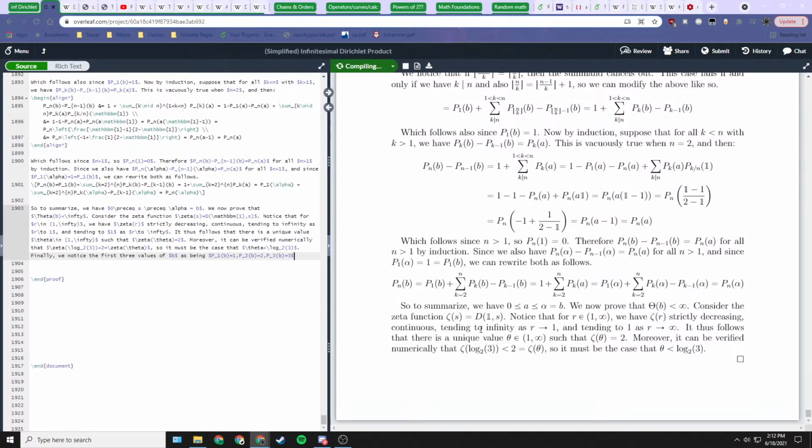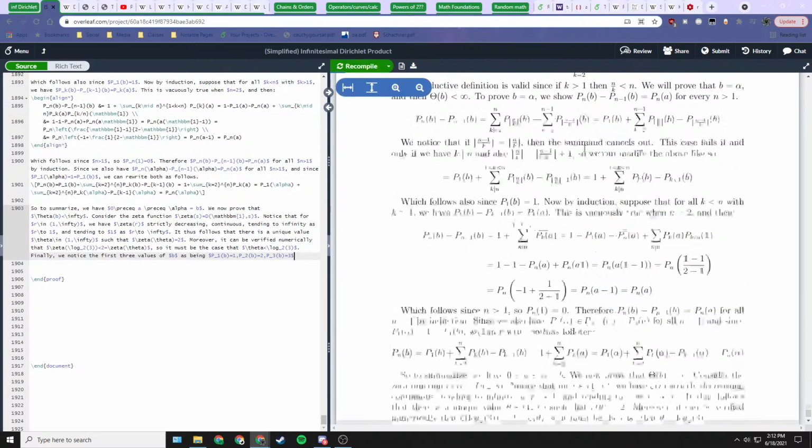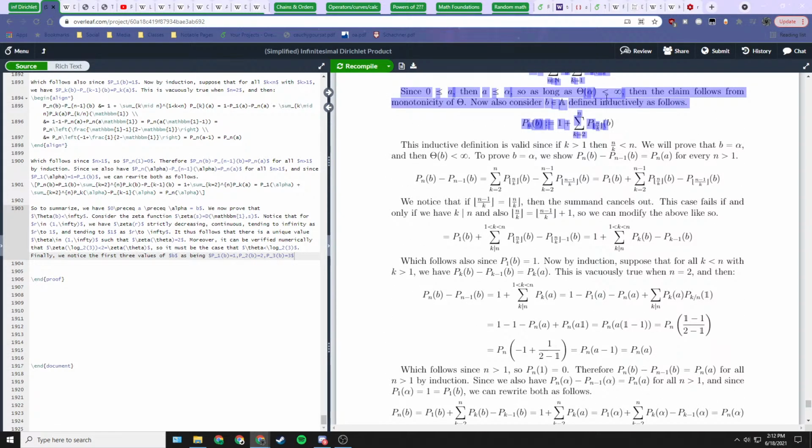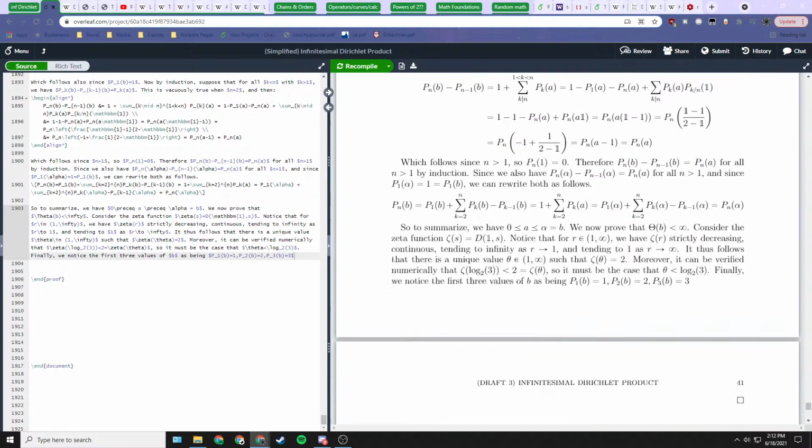Yes. Again, we can just carry this out from its definition, so you can just use this inductive definition.